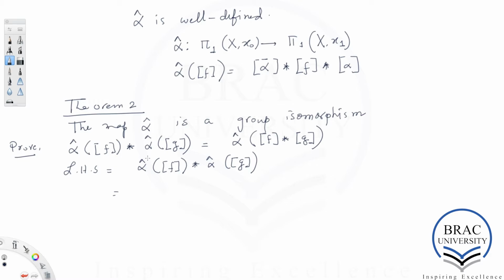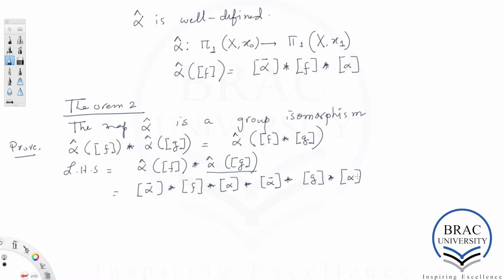By definition of alpha hat, it is going to be alpha bar, which is the reverse of alpha, star F star alpha. Star for alpha hat of G, we have again alpha bar, then G, and then alpha.